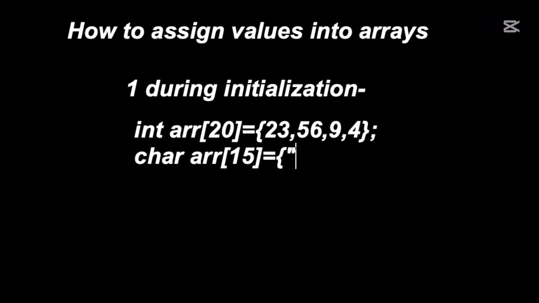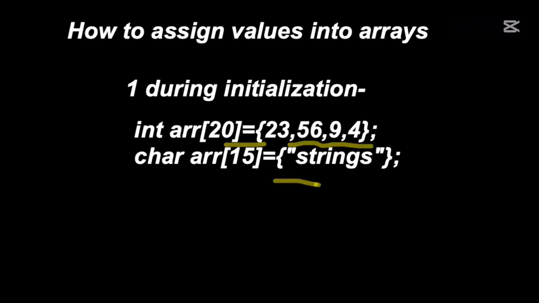In my previous video, I talked about how when you're assigning a single character, you use single quotation, and when you're assigning strings, which is a combination of several characters, you have to use double quotation. So let's say I'm trying to assign the word strings. This is valid.